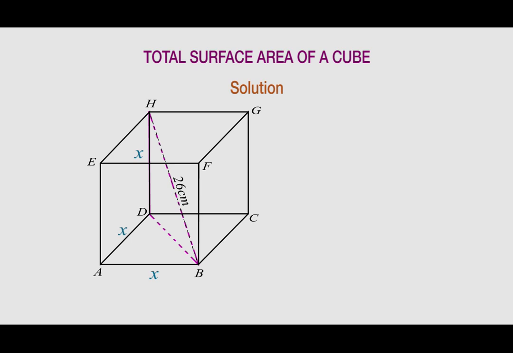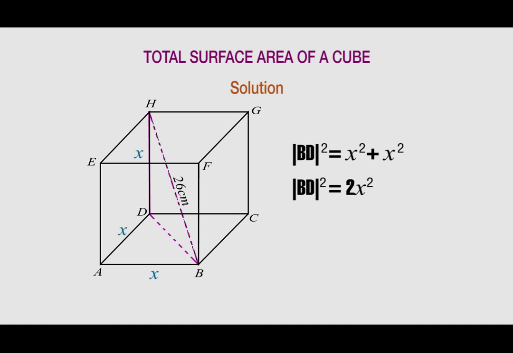We will start by finding the length of the diagonal in the base. From triangle ABD and applying the Pythagoras theorem, we have the length of BD squared equals x squared plus x squared. When we simplify this, we have BD squared equals 2x squared.